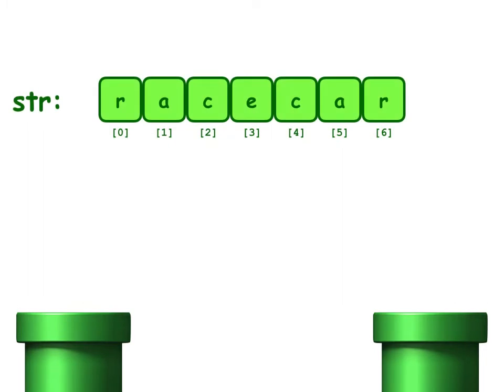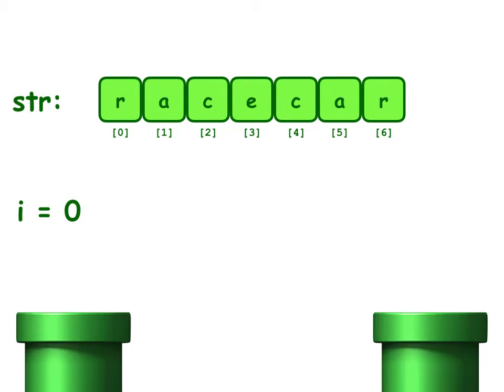All right. So, how will our method do this? Well, suppose this is my string, str. To iterate through each individual character in the string, I'm going to need a for loop. And my for loop will start with i equals 0, as most for loops do. Then I'm going to start off comparing the first character in the string to the last character in the string. Now, what is the index of the last character?